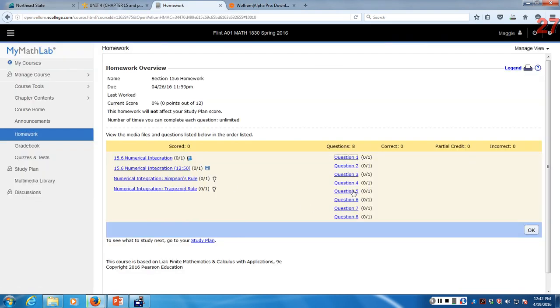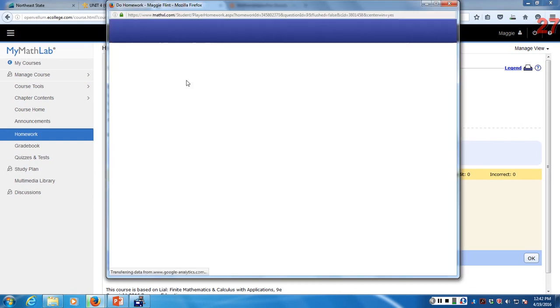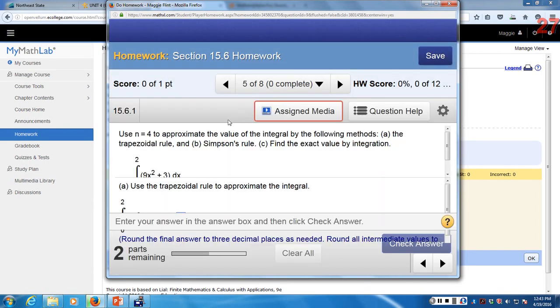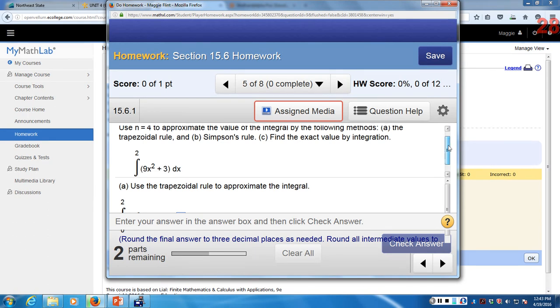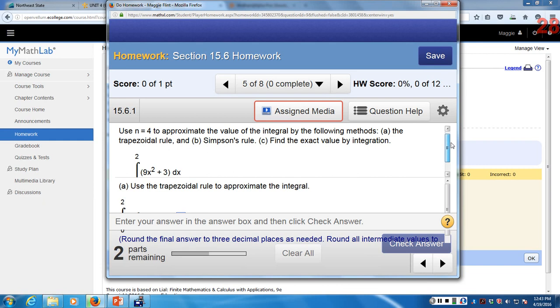Okay, let's go look at 5. Use n equals 4 to approximate the value of the integral by Simpson's rule, the trapezoid rule, and then the exact value by integration.